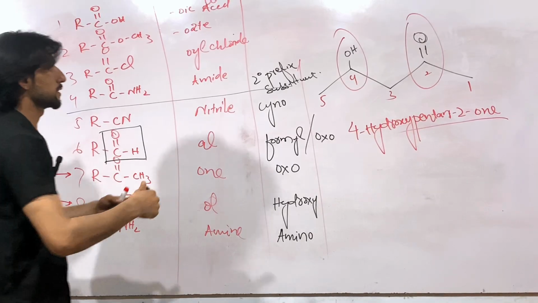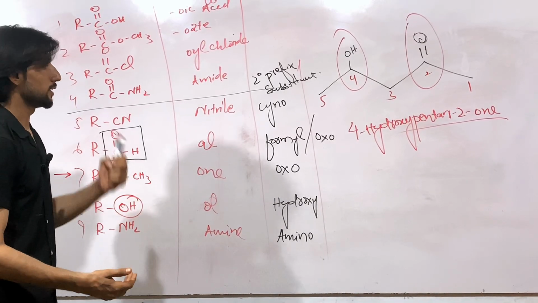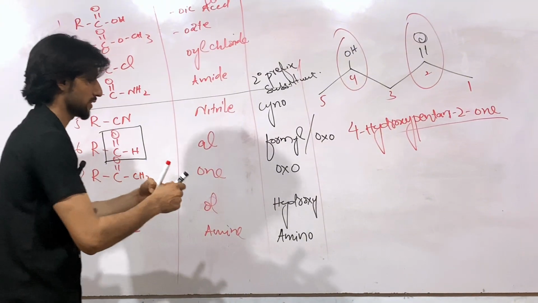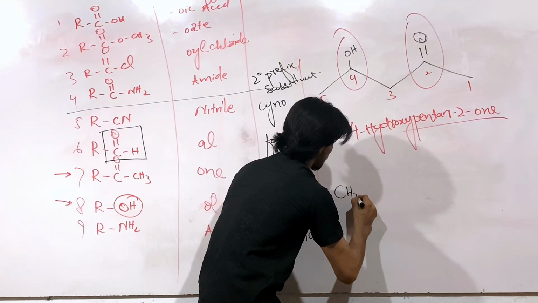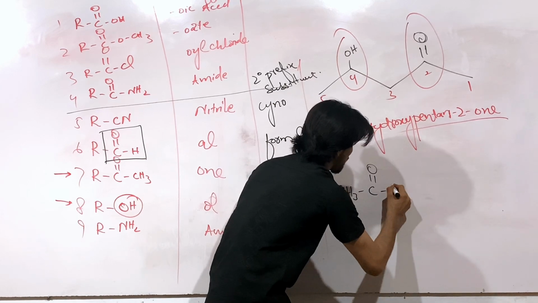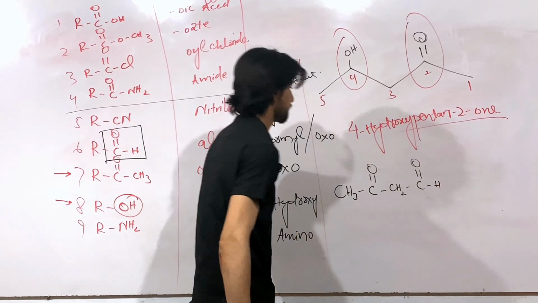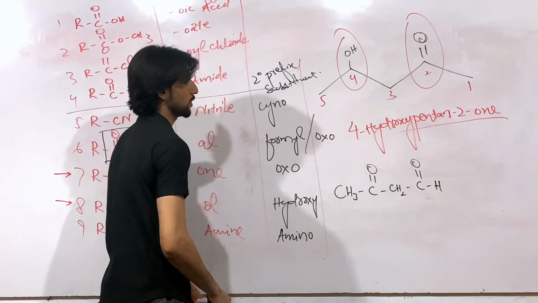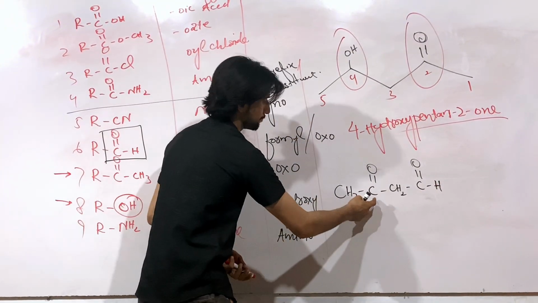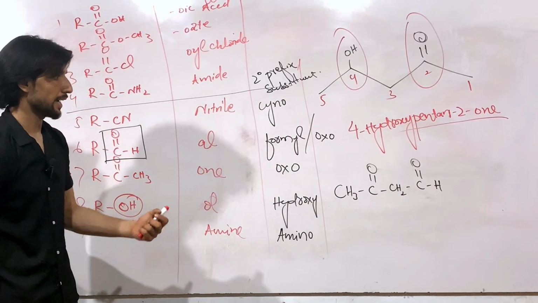Now, what happens if a ketonic functional group and an aldehydic functional group come together? Okay, now you must be able to name this compound. Now we have got two functional groups, as one is ketone and the other one is aldehydic.